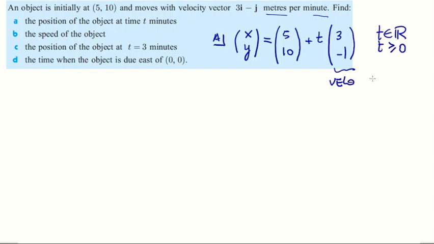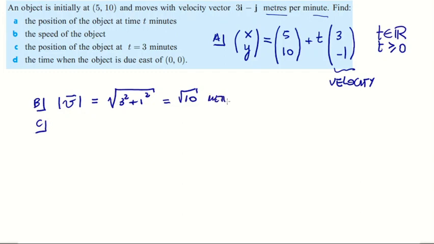If we do the magnitude of our velocity vector, we will find the root of 3 squared plus 1 squared. It's negative, but when you square it, it's positive. So 9 plus 1, that's the root of 10. That's meters per minute. That's our speed. Letter C. So far, so good, right?